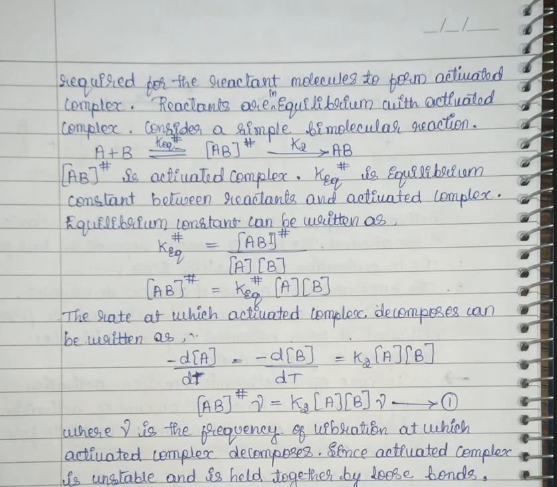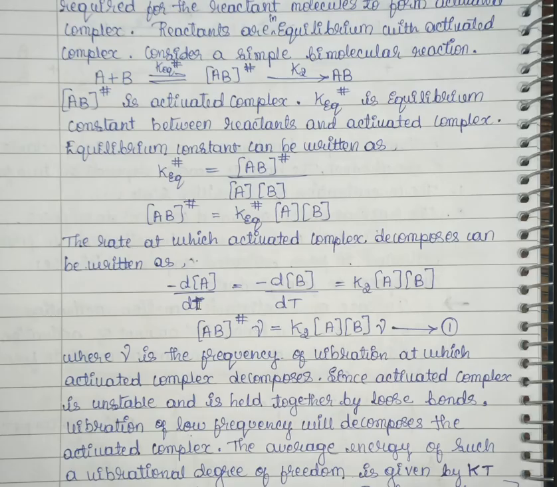That is, the molar concentration of AB‡ divided by the molar concentration of A into the molar concentration of B. So we are taking the molar concentration of AB, and for the rate at which the activated complex decomposes, that is K2, we can write minus dA by dt is equal to minus dB by dt will be equal to K2 into the molar concentration of A into the molar concentration of B. So substituting, we will get equation number 1, where gamma is called the frequency of vibration at which the activated complex decomposes.